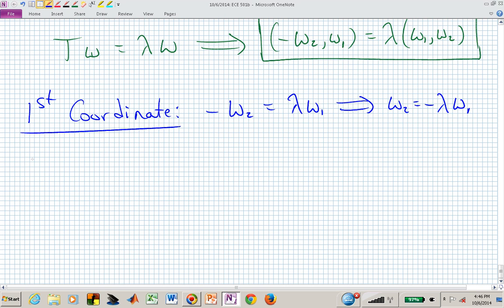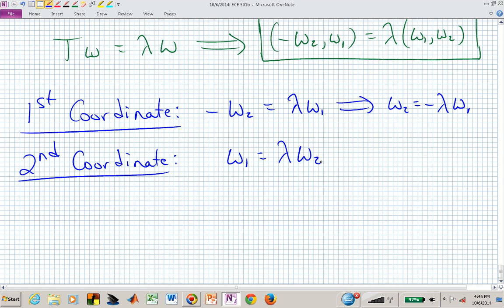Let's look at the second coordinate now. From the second coordinate, we see that w1 is equal to lambda w sub 2. But now we have found another way of writing w sub 2.